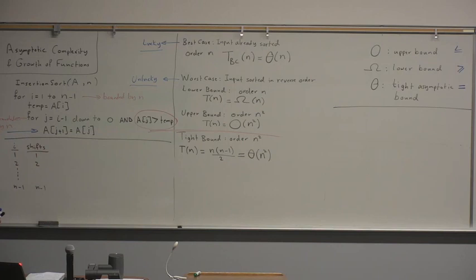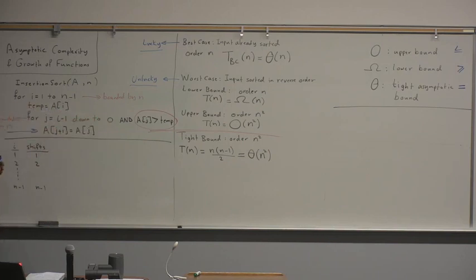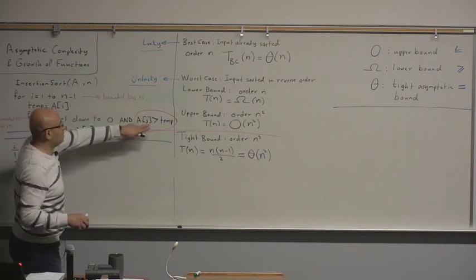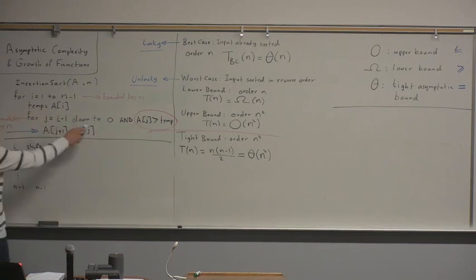By the way, when we exit this loop, what will the value of j be, assuming that this condition was true all the time? When we exit the loop, in fact, j will be -1.